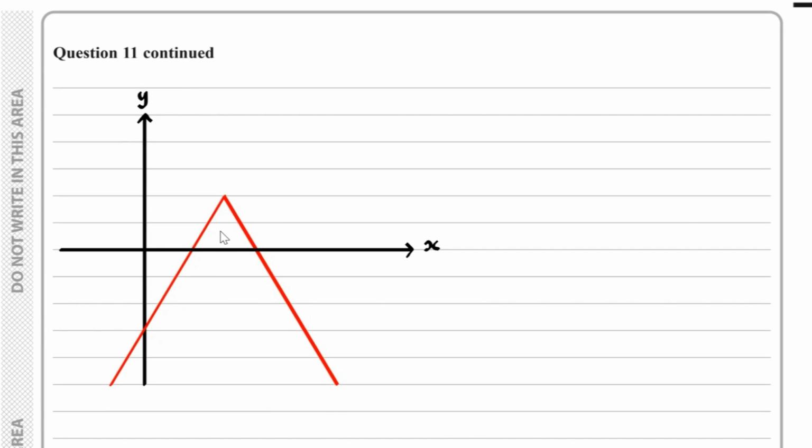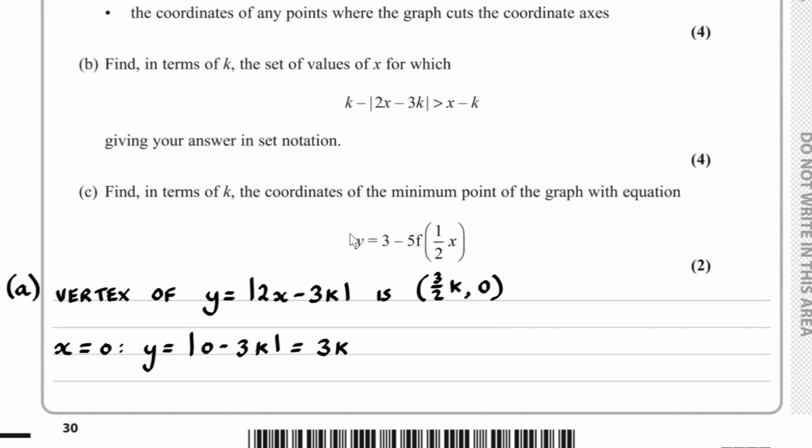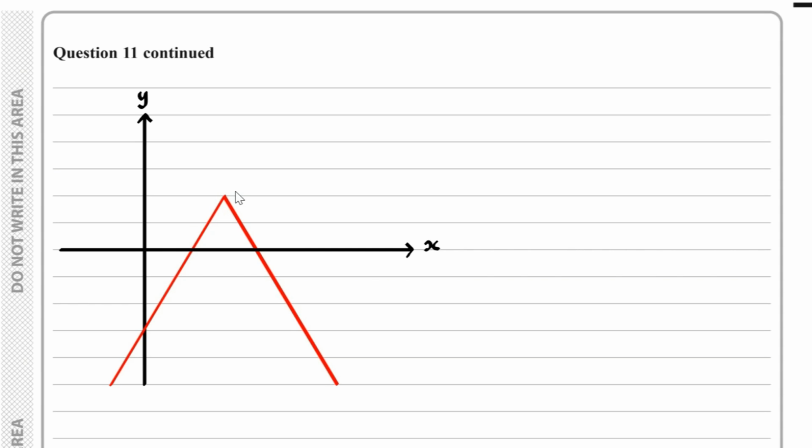Now, if we consider the vertex, the x coordinate of this vertex will remain the same because we're not translating in the x direction. So here, we still would have a vertex 3 over 2 k, 0.